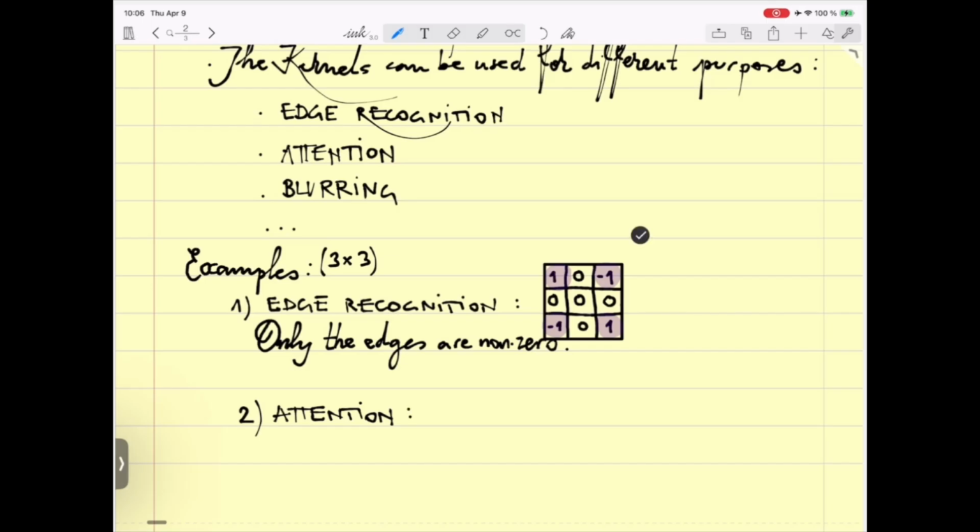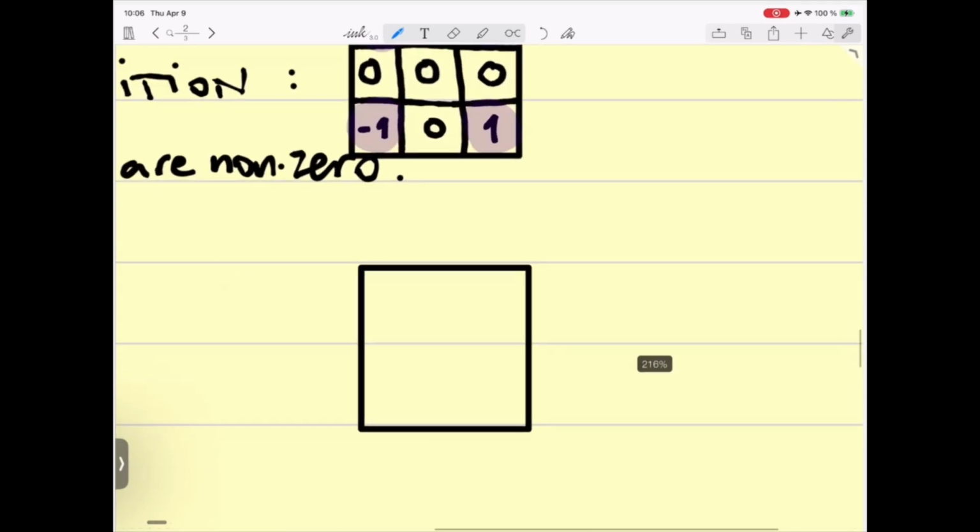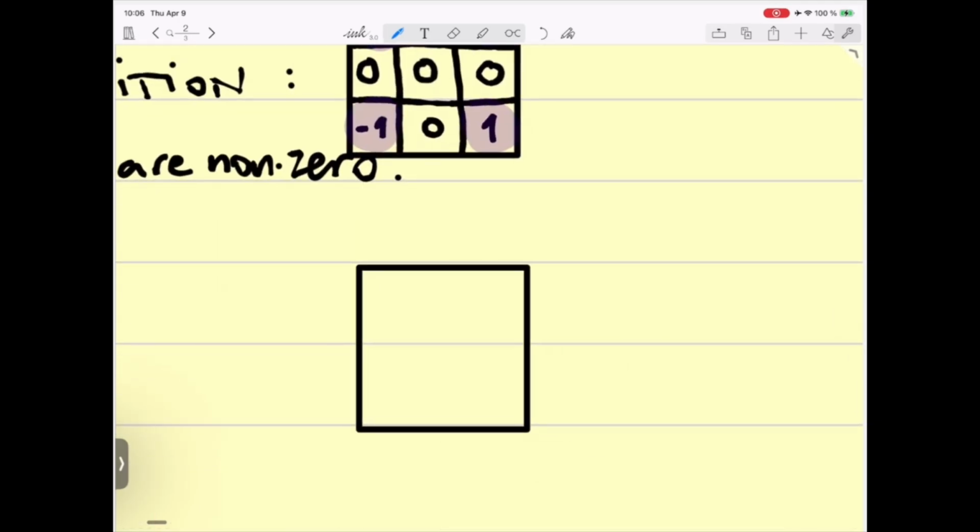Okay, so we get here a different kernel that we're going to call the attention kernel, and again 3 by 3 just to make things easy.